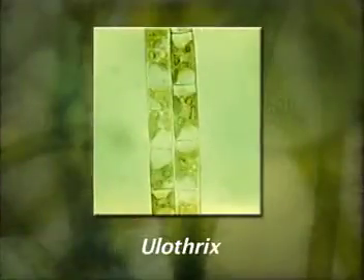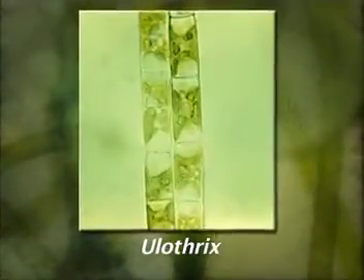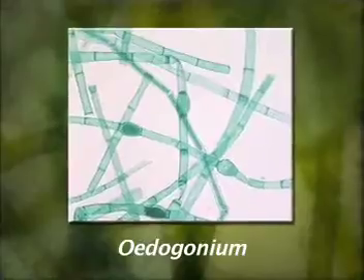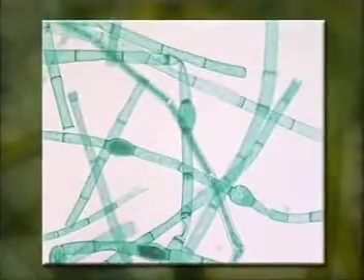In Ulothrix, the cells are arranged in a single row as in Spirogyra, but it has a rhizoidal cell at one end by which it gets attached to the substratum, and at the other end it has an apical cell. In Oedogonium, there is division of labor between various cells.